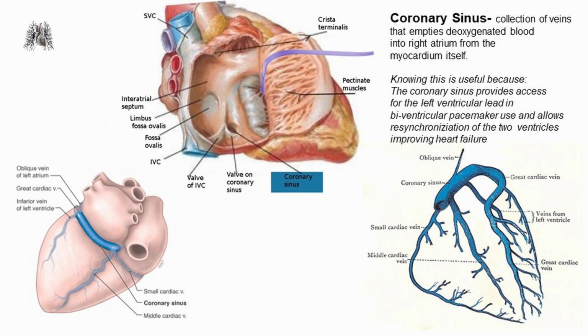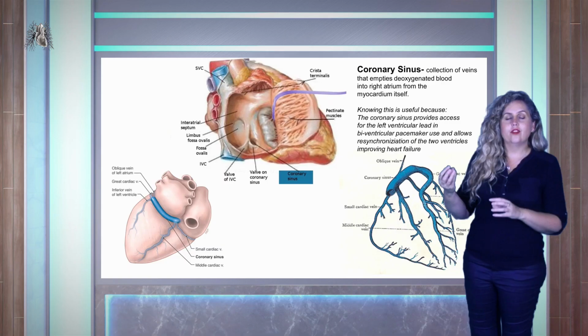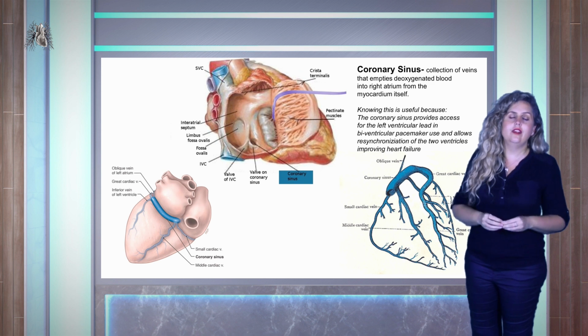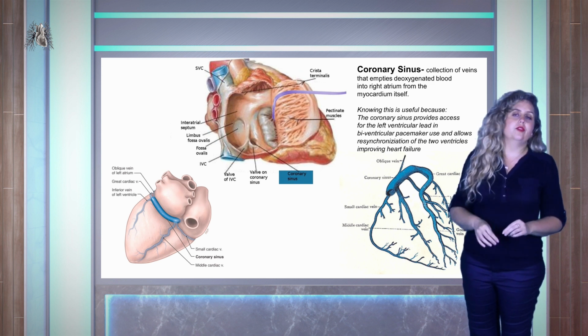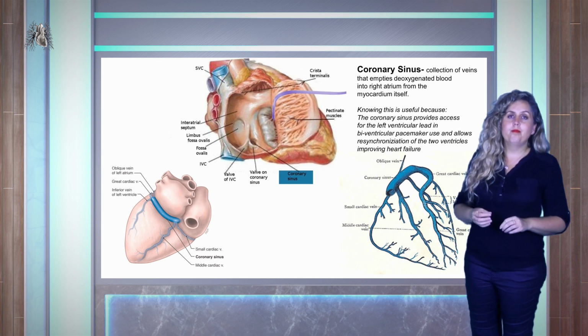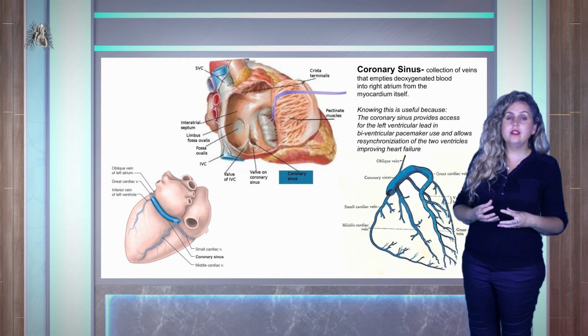So the right atrium collects blood from the IVC, SVC, and through a little hole called an os, the coronary sinus empties that deoxygenated blood from the myocardium. Why I want to tell you about the coronary sinus is because biventricular pacemakers are becoming more and more popular. We see them, the three leads on an X-ray all the time.